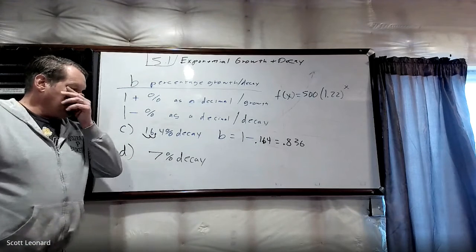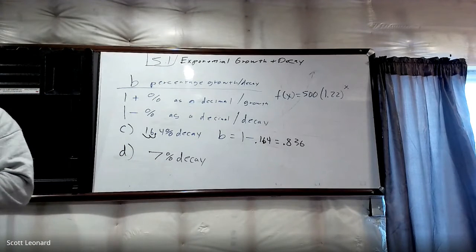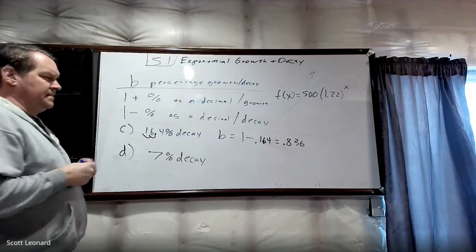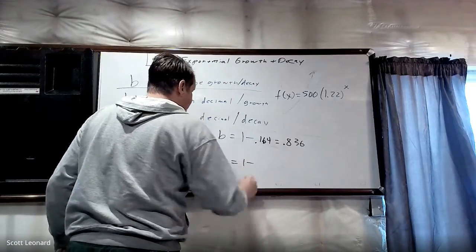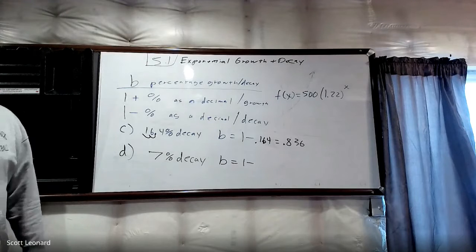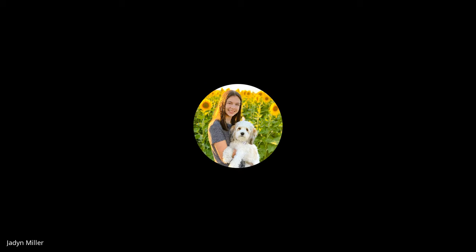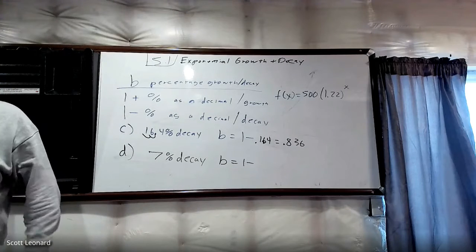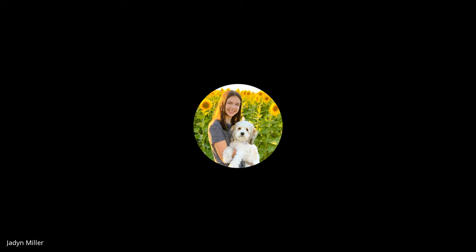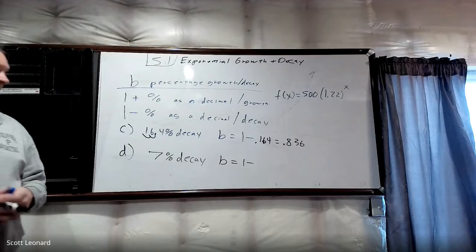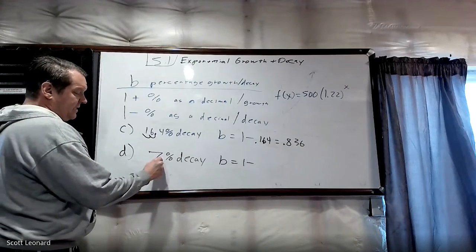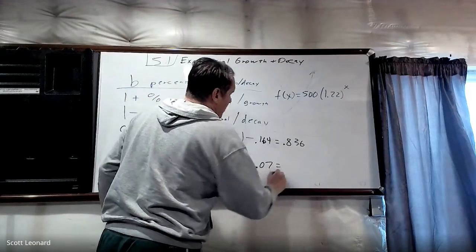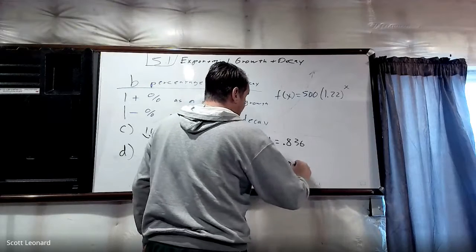Anybody want to take a crack at this one? 1 minus some decimal. Jaden, how about you? 0.93. You got it. All right. So once again, the decimal's here. I move 2 spots. I got 0.07. 1 minus 0.07 is 0.93.